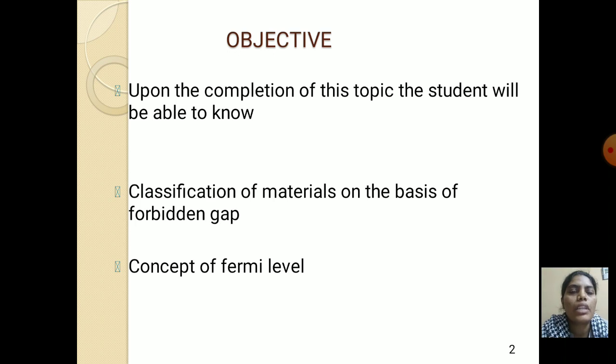The main objective of today's class is, by completing this topic, you will be able to understand how materials are classified on the basis of forbidden gap and what is the concept of Fermi level.